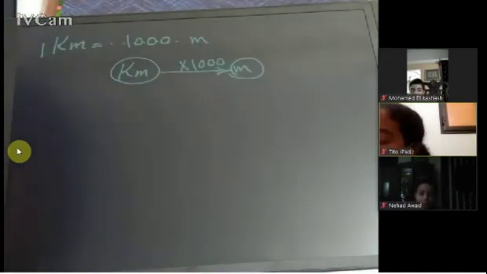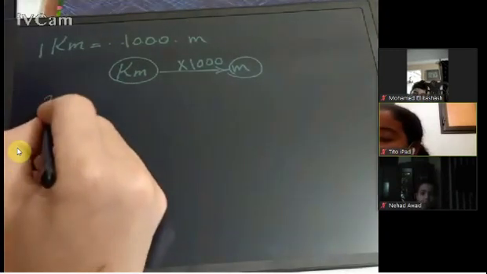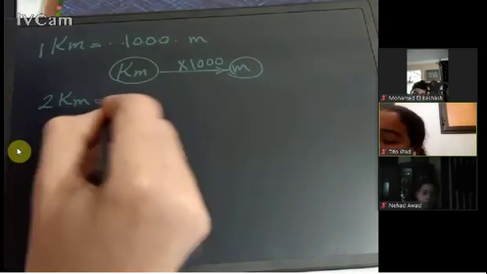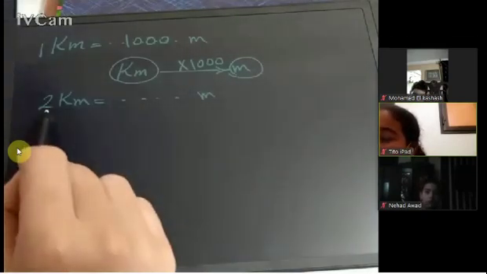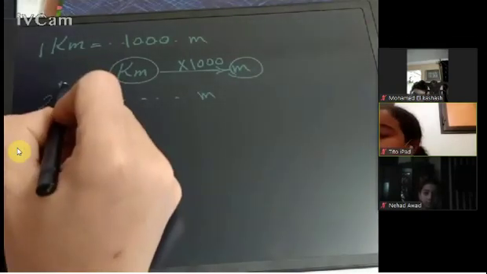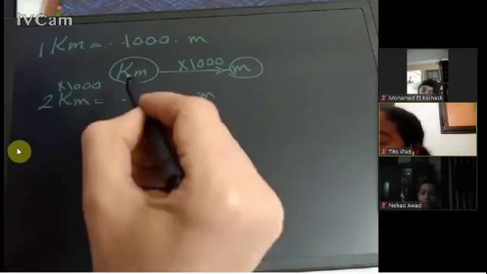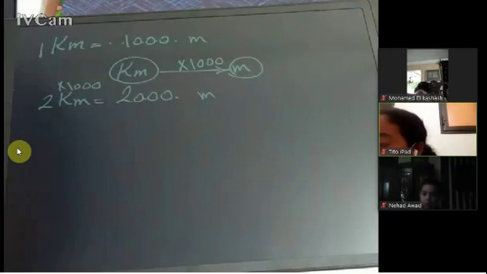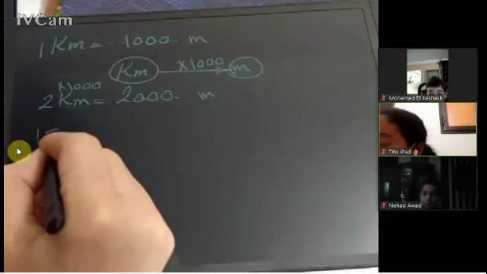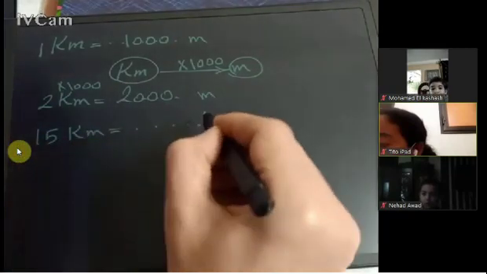How will the question come? I will write it for you like this. If I have 2 kilometers, it equals how many meters? I will multiply 2 by 1000, so 2 multiplied by 1000 equals 2000. If I have 15 kilometers equals how many meters?